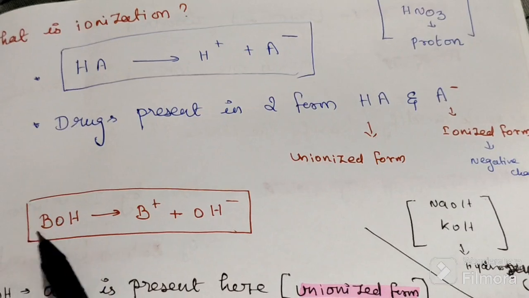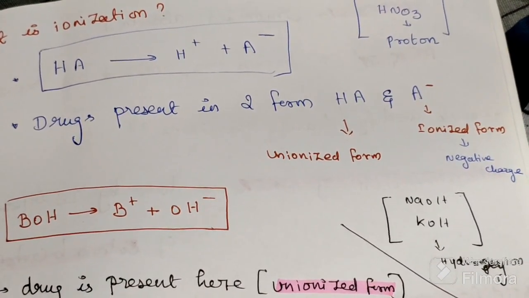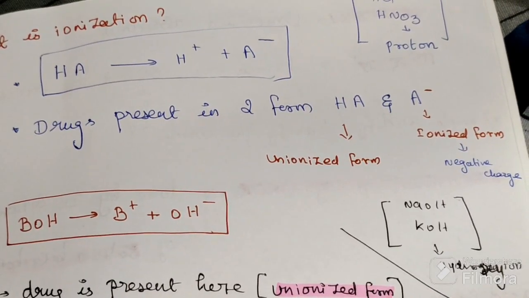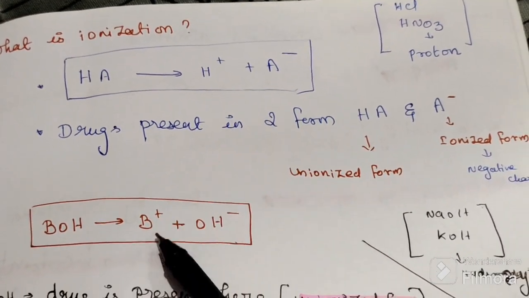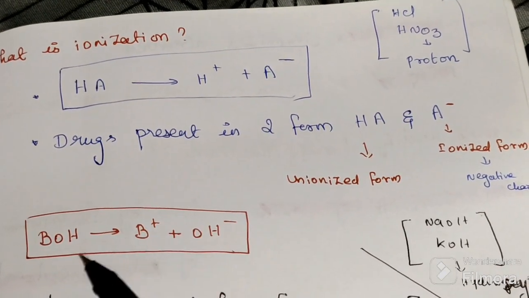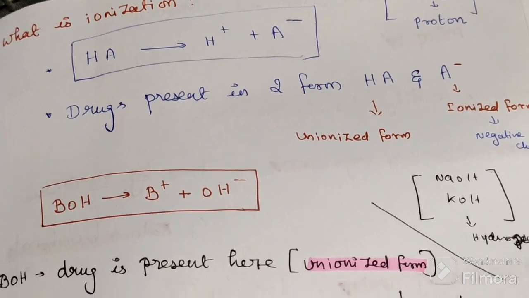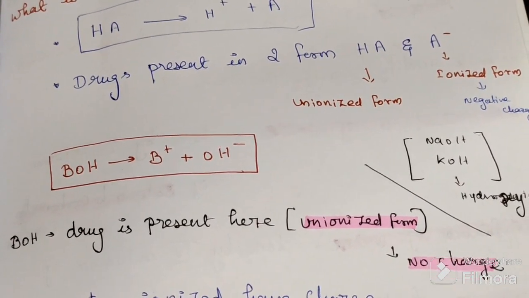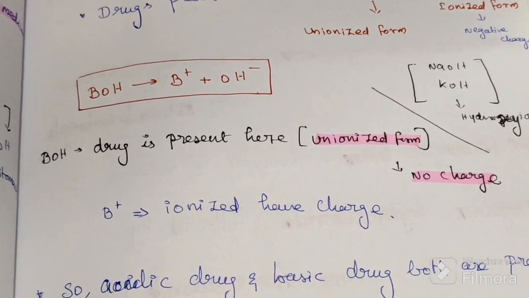So HA and POH, these two unionized things, will be absorbed. This one is the broken one, which will be excreted. This one is ionized. So the ionized version is excreted and the unionized version is absorbed.